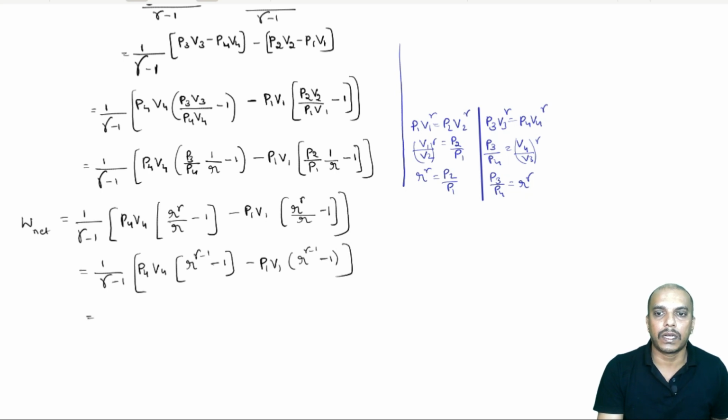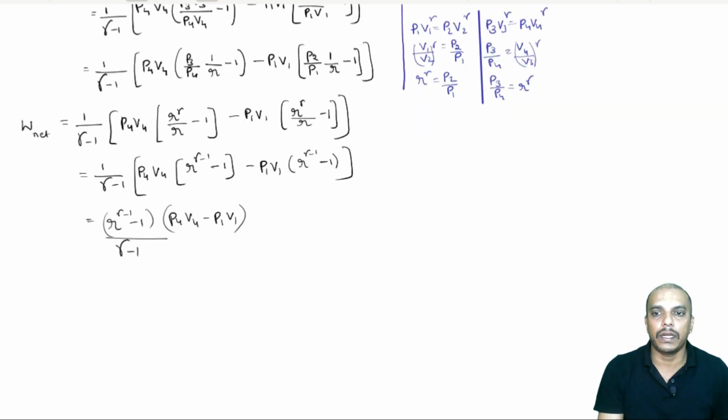Now, I can take this R power gamma minus 1 over R minus 1 common, and this 1 by gamma minus 1 is here only. Now, we have P4 V4 minus P1 V1. I can take P1 V1 common here.